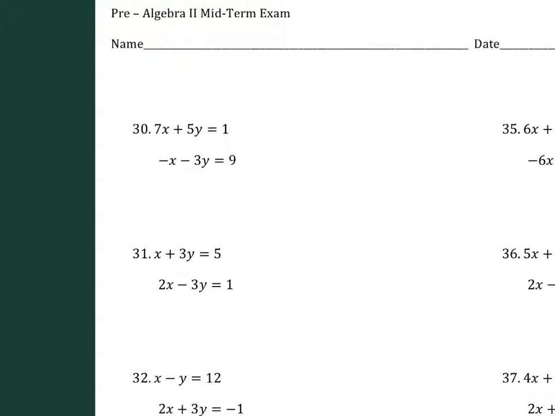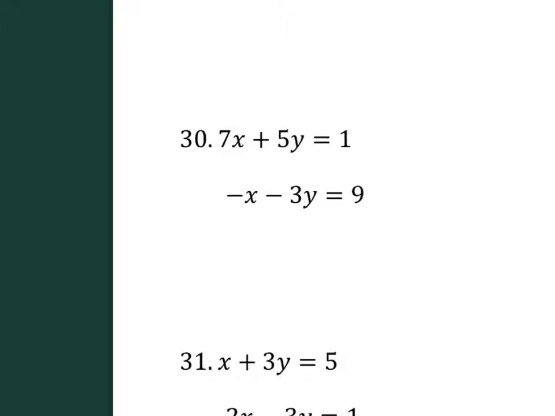But I'm guessing most of you want to use combination, which is, again, if I just give you a little hint, like on this one, in number 30, I would multiply the whole thing by 7 to here, to here, and to here.